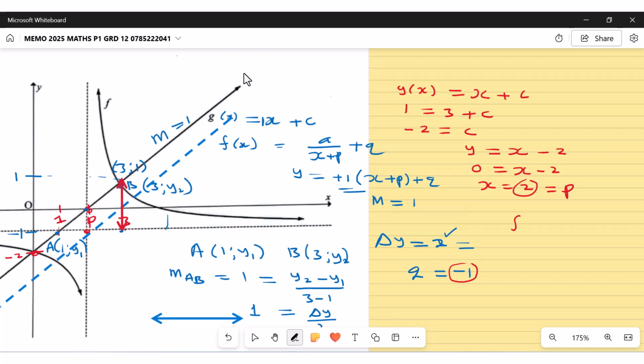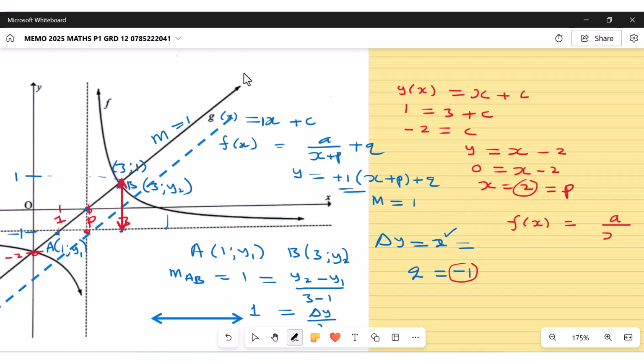So minus 1 becomes positive 1, so 1 plus 1 gives us a 2 equals a divided by, I know the x is 3 here, what is 3 minus 2? X is 3 here, right guys? So 3 minus 2 is 1 equals a. So in other words, my a is 2.